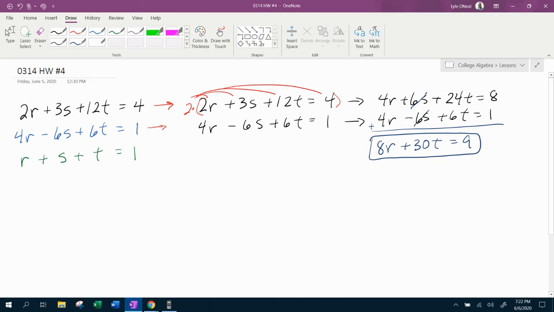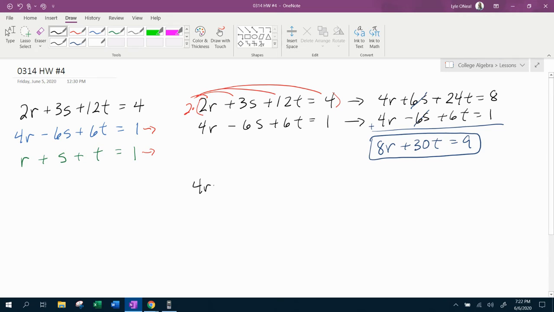And now I need to get the s's to cancel again using 2 other equations, okay? So now if we could erase this, I'm now going to use the second and third equation, again, because the s's have opposite signs. So I'm going to take and copy and paste the second and third equation here.